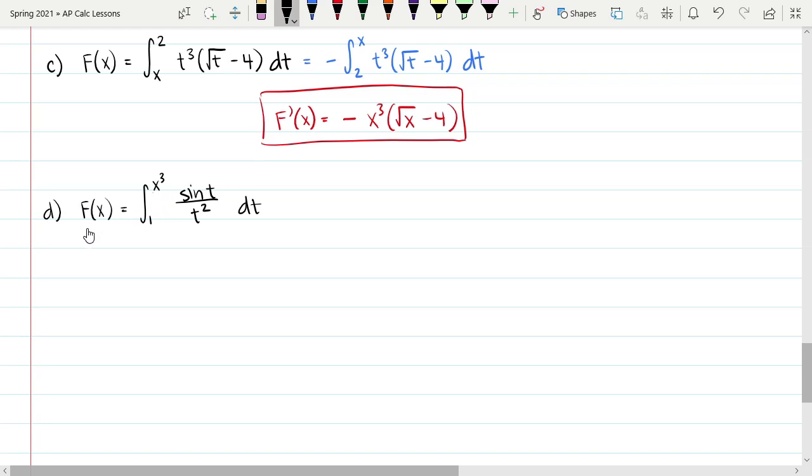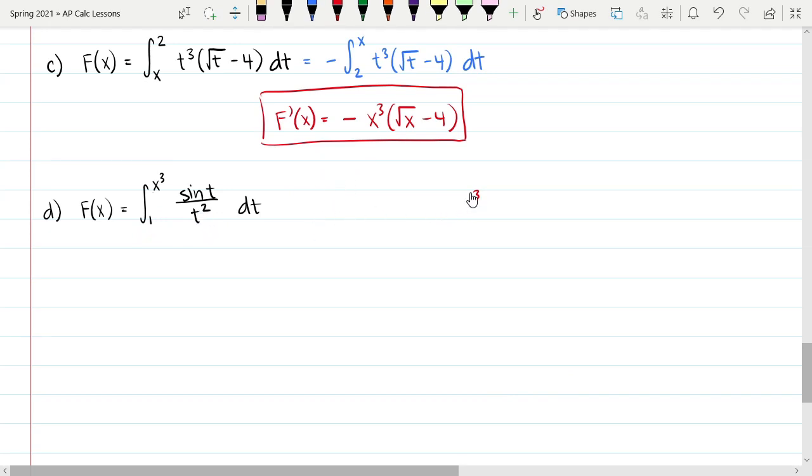I'm trying to find the derivative, but instead of being in terms of just an x, it's more than an x. So in other words, it's almost like I'm saying this is really the integral from 1 to u, where u is x to the third. And what that should make you think about then is the chain rule. So what we really have here then is a derivative where I have to use the chain rule.